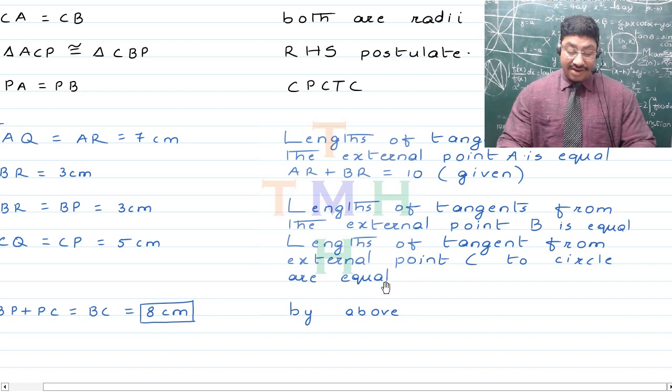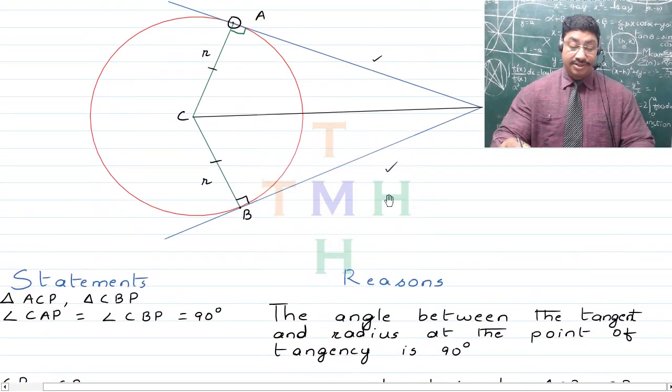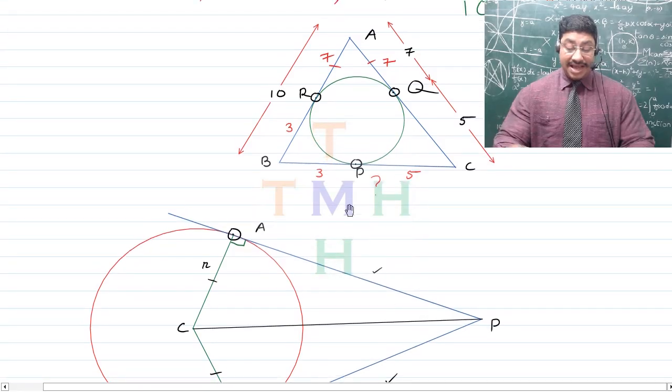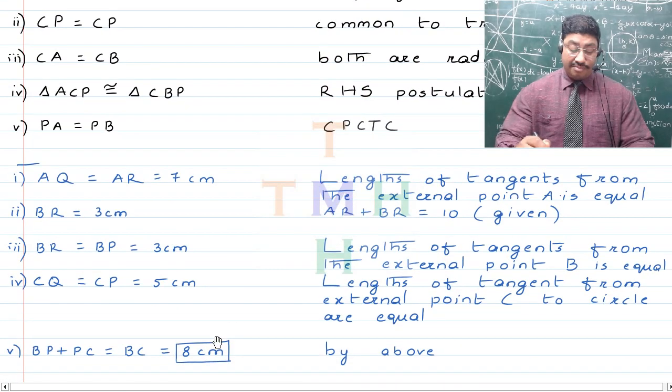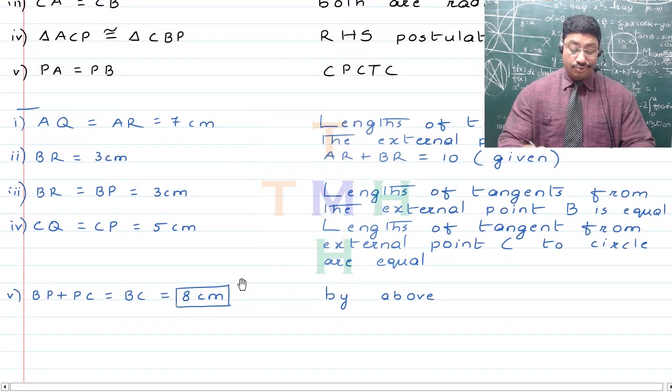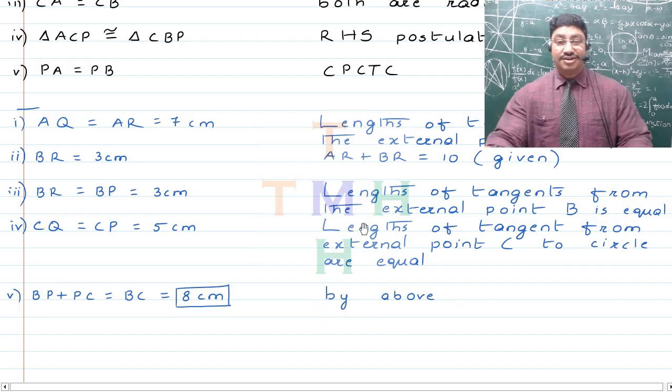So as such, again writing this theorem, we will say that this length CP also becomes equal to 5, and thus if you talk about summing up both of these lengths, that is BP and PC, that makes it 8, and thus we can say the length of BC is equal to 8 centimeter. And how have you done it? That is just by the things that we had to do above.